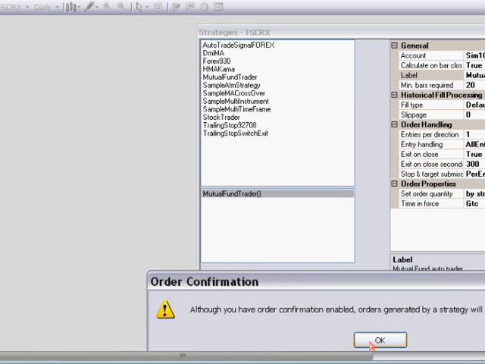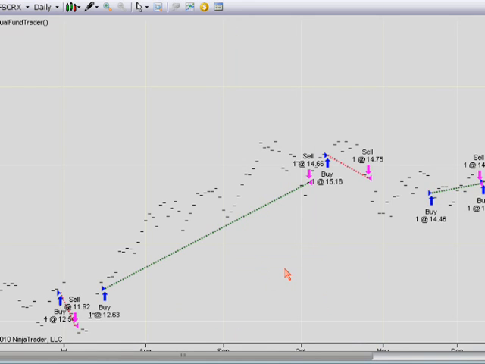Now, if you have an account with one of the NinjaTrader brokers that supports buying and selling equities, and your mutual fund happens to be for sale or traded on the New York Stock Exchange, for example, the mutual fund trader can actually enter the buy and sell orders for you automatically.